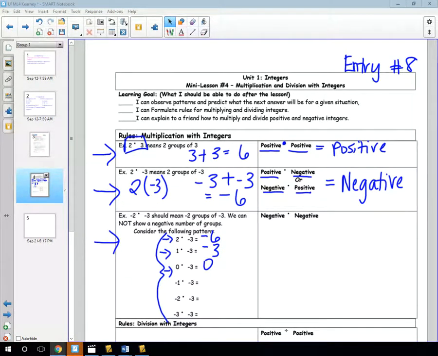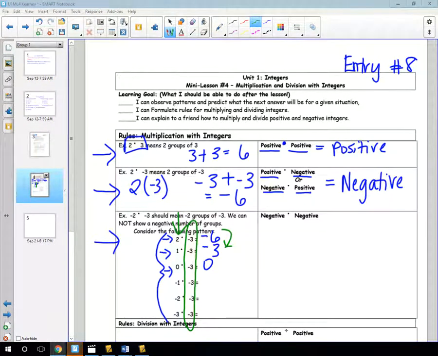So I want you to see if there's a pattern. We're keeping negative 3 in all the problems here, and then we're changing what we're multiplying it by. So if you look at the pattern, what are you doing to get from -6 to -3?